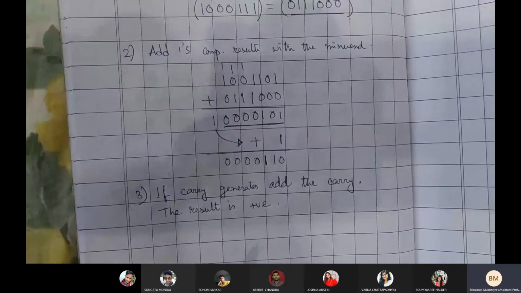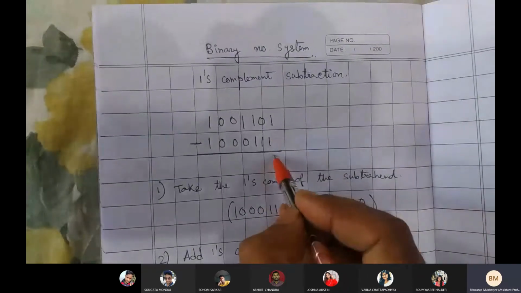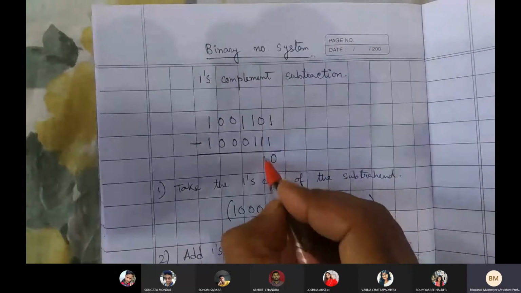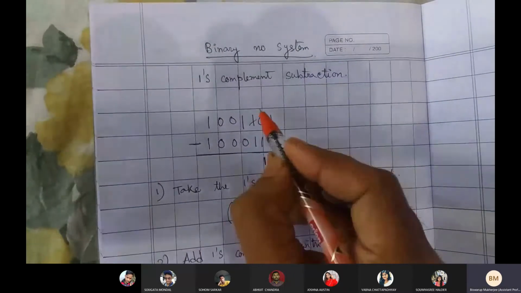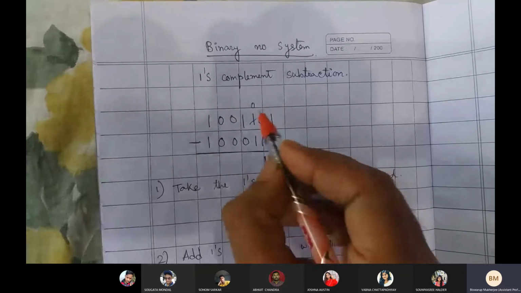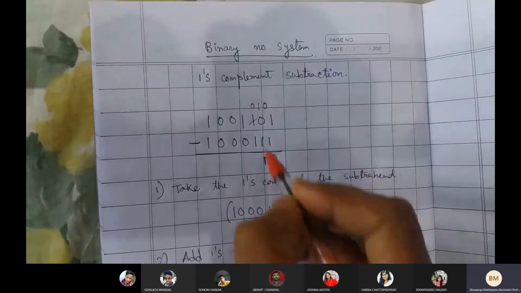So the final result you can see also right from here if you subtract that one. So 1 minus 1, it is 0. Then it is 1. So it's becoming 10, right? So 10 minus 1 is 1.